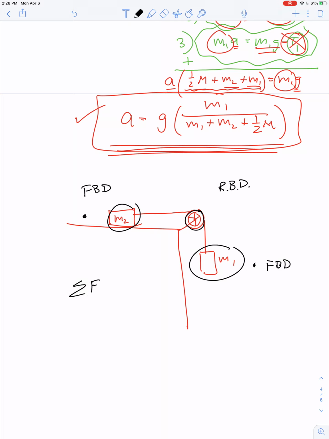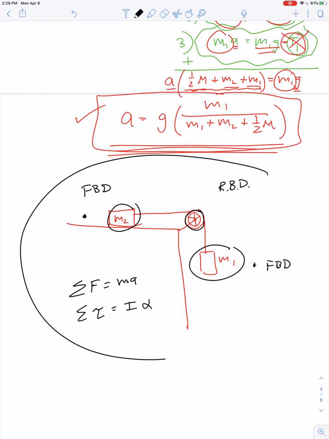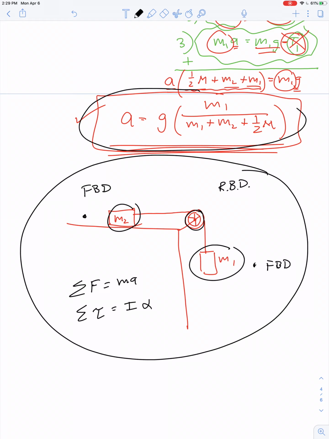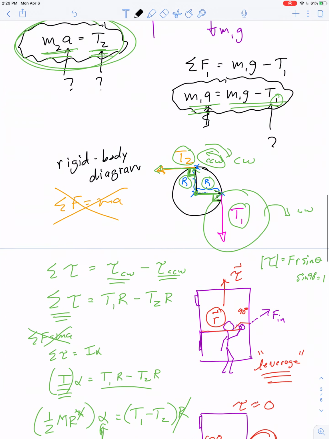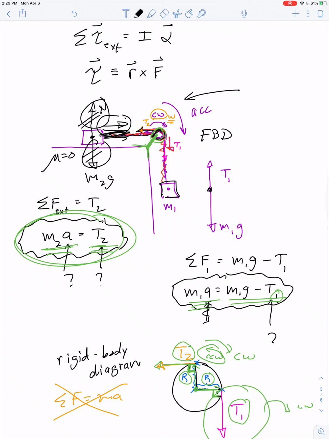The sum of all force on any object is mass times acceleration, and the sum of all torque on any object is rotational inertia times angular acceleration. I believe from all of that, you'll be able to derive a result that's similar to this, but not exactly the same, because after all, a hoop is similar to a solid disc, but not exactly the same.